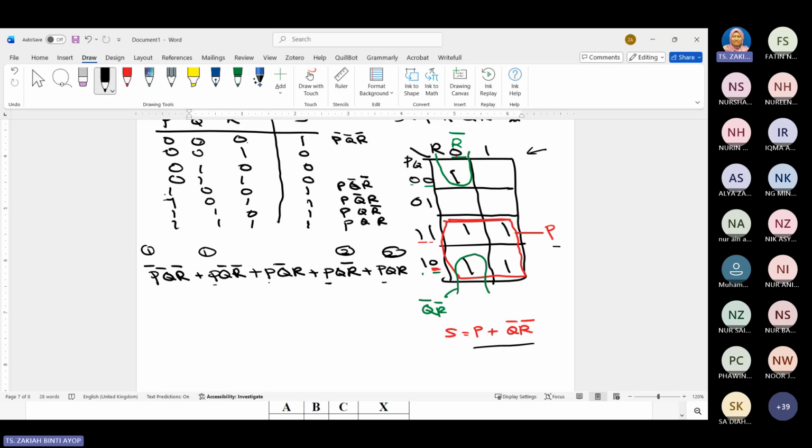So P, Q also, but this one is using P, Q bar. So look at the left side here. We have P, Q bar also, but we have R bar and R, which means we can cancel the R again.